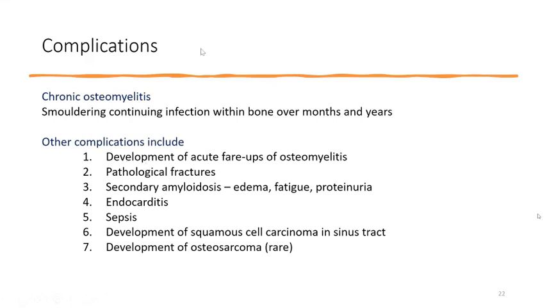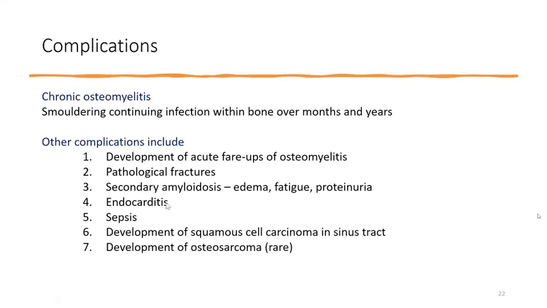These patients can get frequent pathological fractures, and it's a common cause for secondary amyloidosis, because you must have heard that chronic osteomyelitis is a cause for secondary amyloidosis.